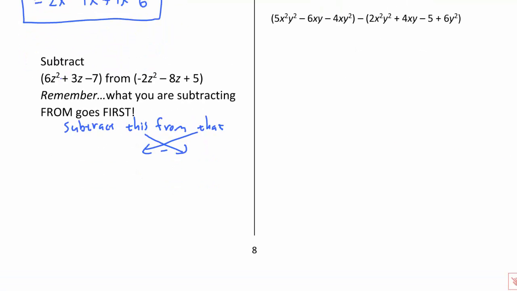So, what do we have here? We have subtract 6z squared plus 3z minus 7 from negative 2z squared minus 8z plus 5. So that means this actually gives us negative 2z squared minus 8z plus 5, then minus because we're subtracting, and then parentheses the first one, which is 6z squared plus 3z minus 7.